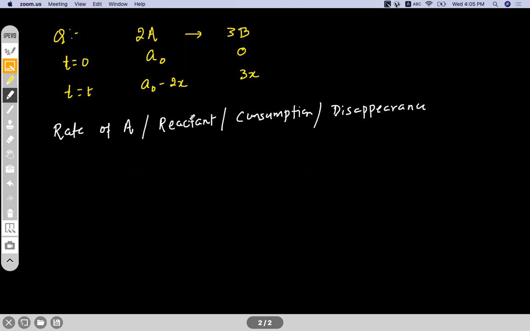All these things are the same. So anything you may have in the exam, all these terms are the same. This is equal to minus d by dt of concentration of A, the instantaneous rate, negative.